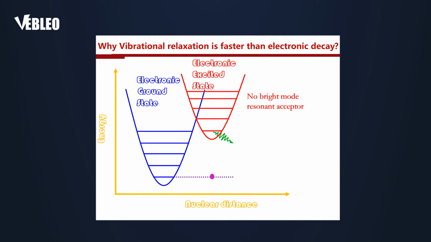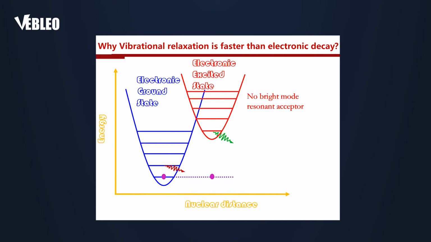However, if this molecule is at a vibrational excited state of the ground state, when it relaxes, it does not release energy within one step. Instead, it releases energy step by step from one excited state to another.